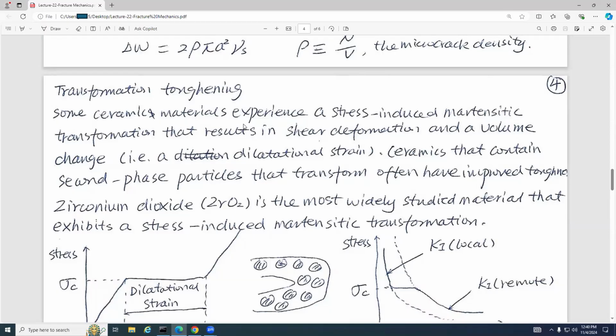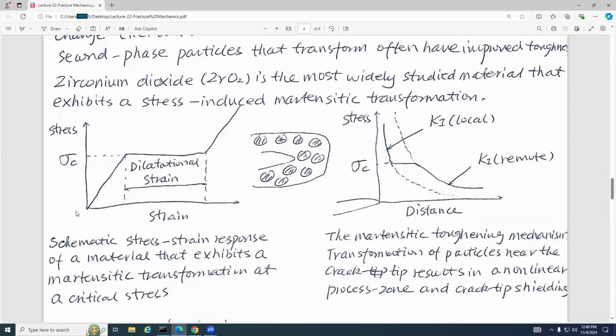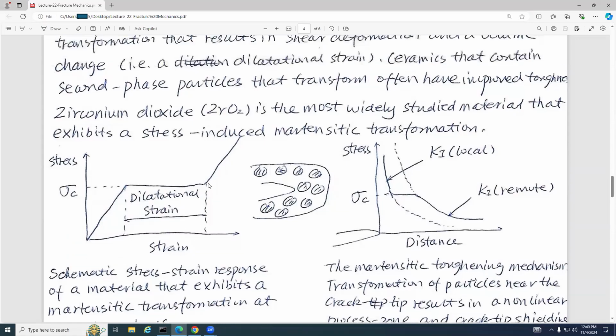So this is a schematic of the stress-strain response of a material that exhibits a martensitic transformation at a critical stress. At the critical stress, they have martensitic transformation. The strain changes, and then goes this way.